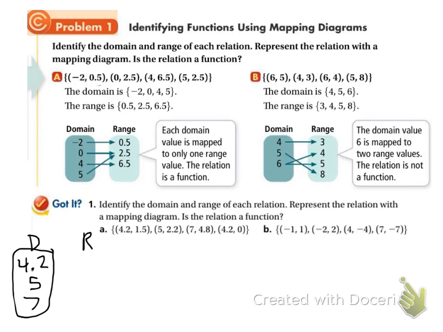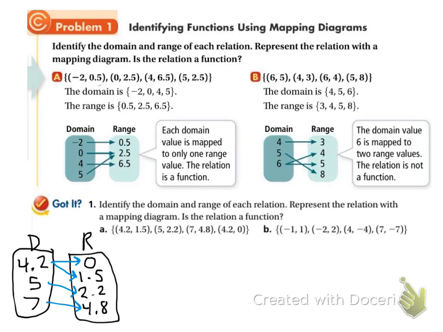And for my range, I've got 0, 1.5, 2.2, and 4.8. I'll use a different color and draw my arrows. So 4.2 goes to 1.5, 5 goes to 2.2, 7 goes to 4.8, and 4.2 goes to 0.